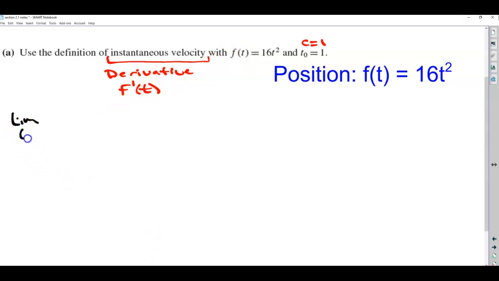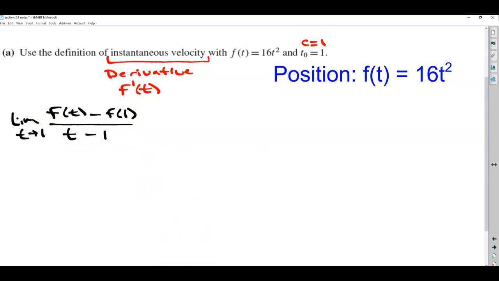So now I want to do this when t is moving closer and closer to 1 second. And what are we doing? We're taking the original given function, f of t, minus the function when t is equal to 1. So there's my change in y's over my change in x's. When t goes in, f of t comes out. When 1 goes in, f of 1 comes out.